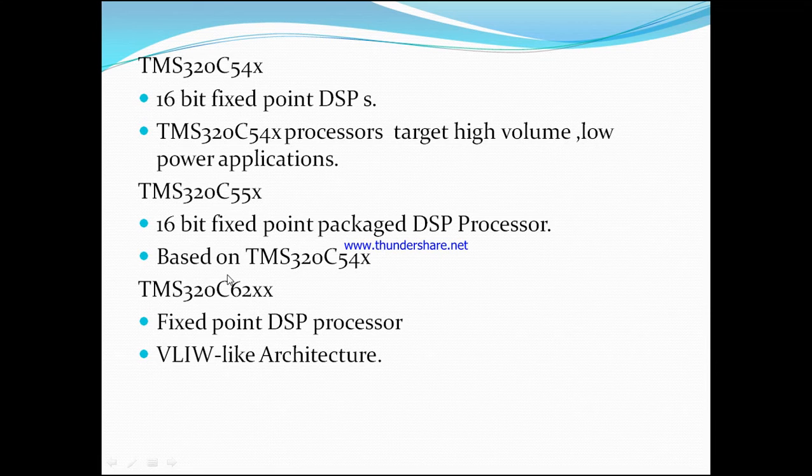It can execute up to 2 instructions in parallel with instruction widths varying from 8 to 48 bits. It is based on the earlier TMS320C54 family but adds some enhancements to the older processor architecture and instruction set.